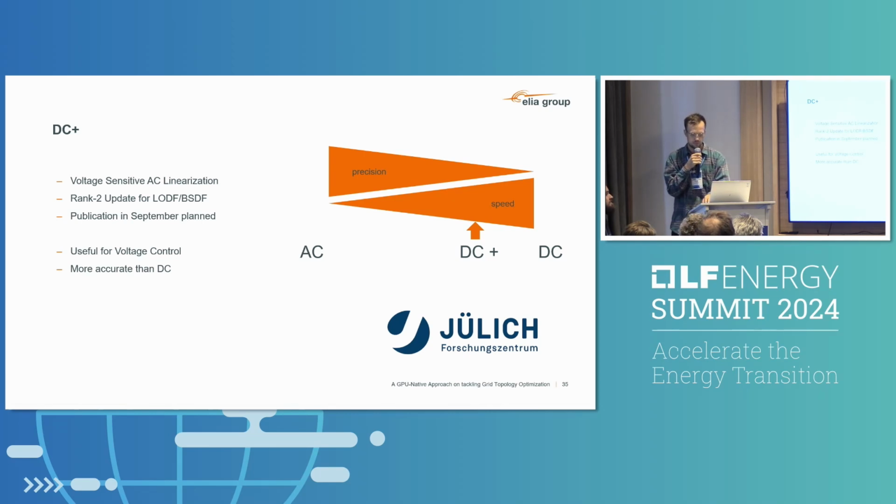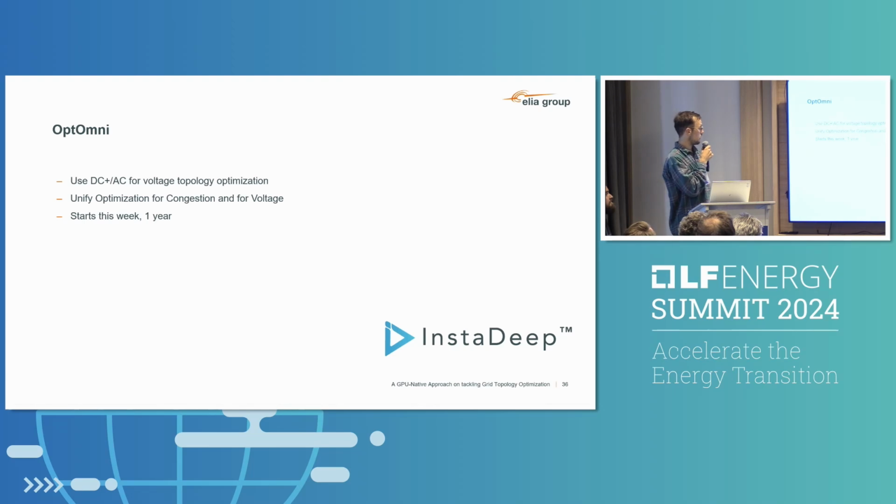And this leads me to the last point of what's ongoing. Not only to look at topology optimization, but also to optimize voltage next to it, together holistically, and potentially even add new topics to it. We started this right now, so it's the first week on this, and it will go for 1 year, and is sponsored by the Belgium Energy Transition Fund.